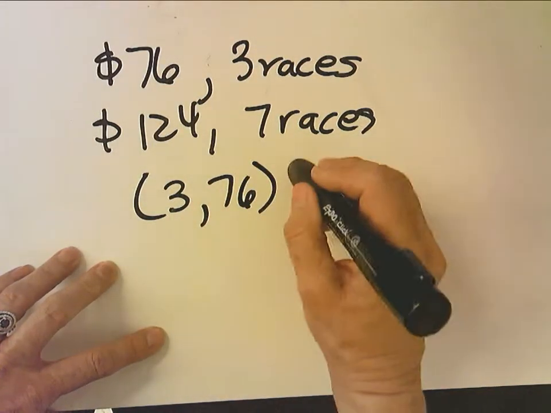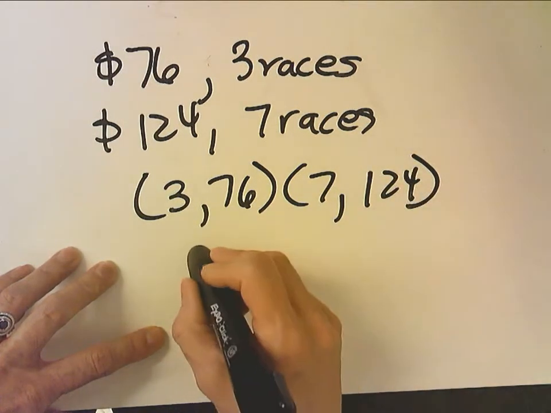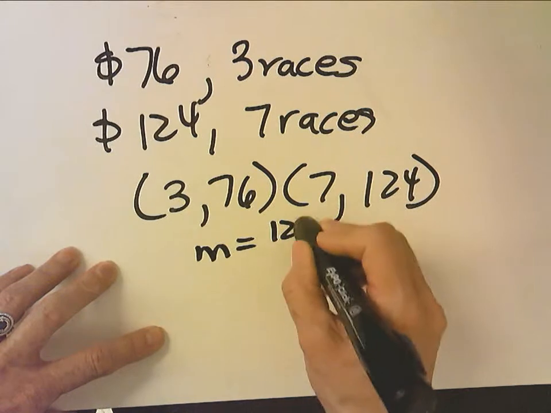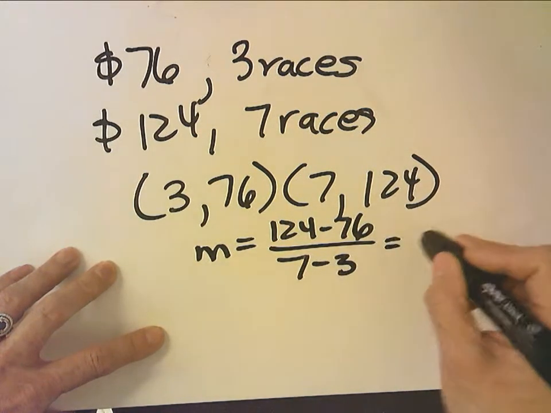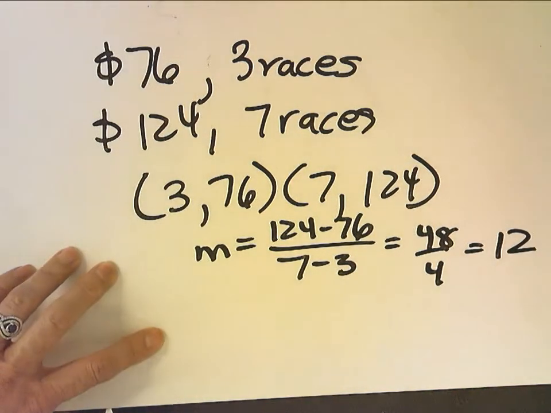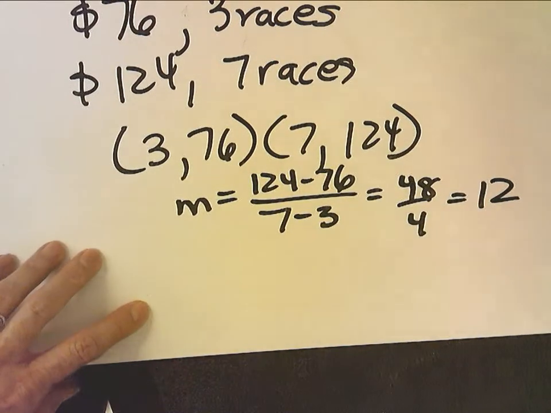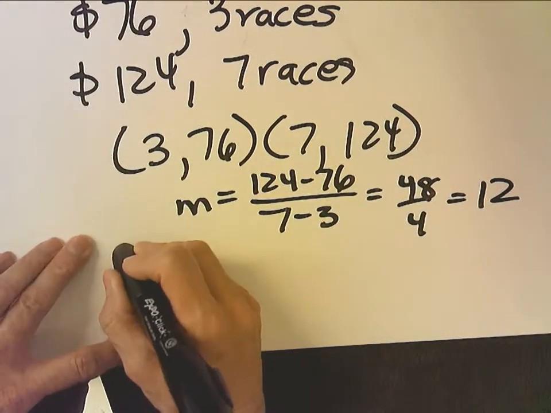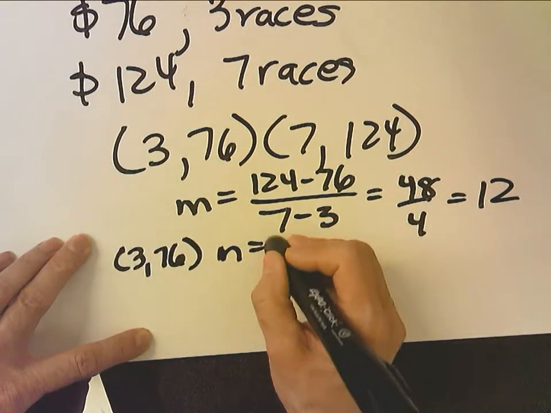So this is 3, 76 and 7, 124. First thing I do is find the slope. 124 minus 76 over 7 minus 3, and that's 48 over 4, which is 12. So now I know that my slope is 12, and I'm going to use the point 3, 76 with m equals 12.